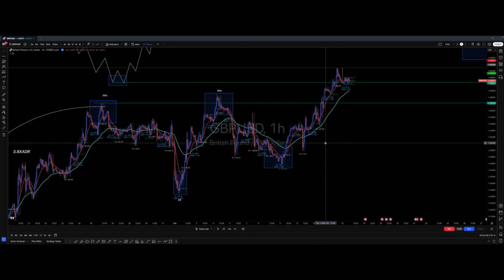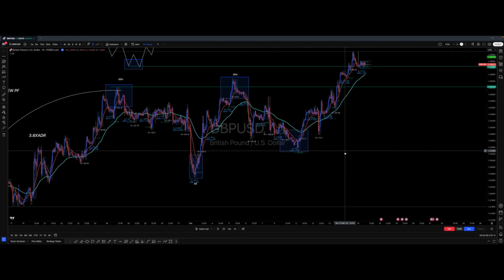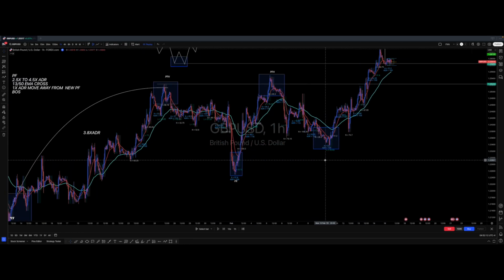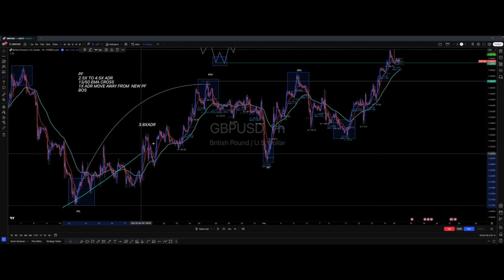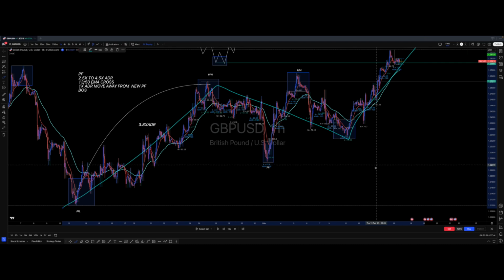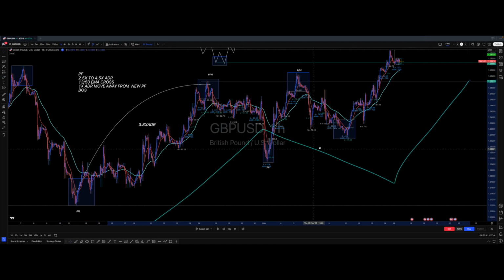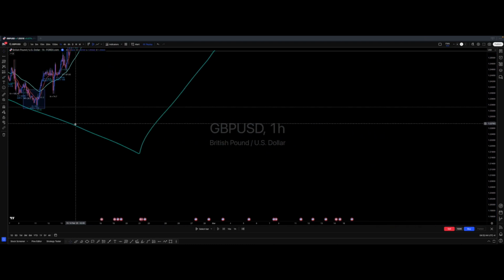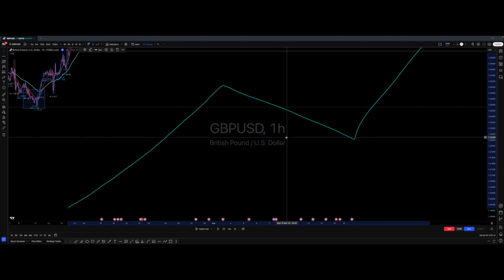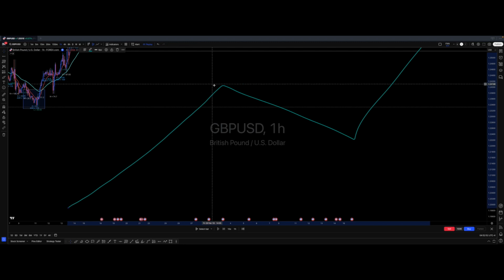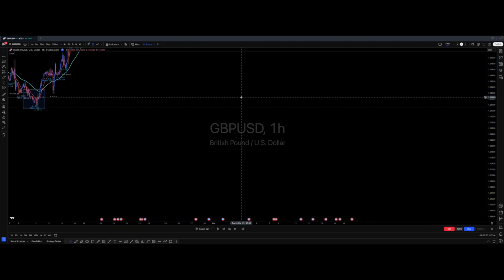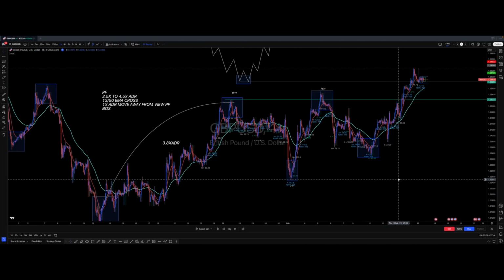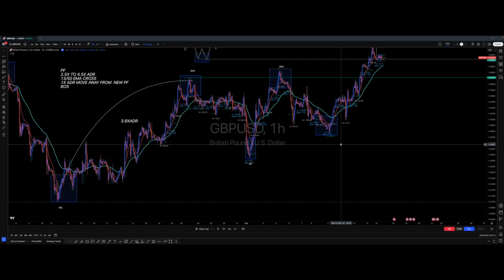Essentially, if you look at this from a bigger picture, on a daily time frame all you see is this: a move down, up, a retracement, and a move higher. That's all you see on a daily time frame. But on the smaller time frame, it breaks down like this.